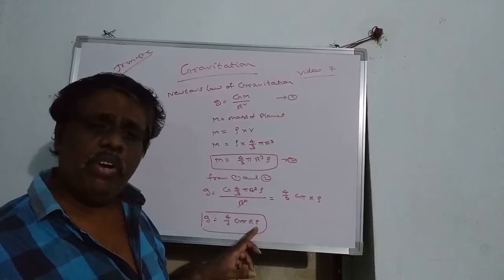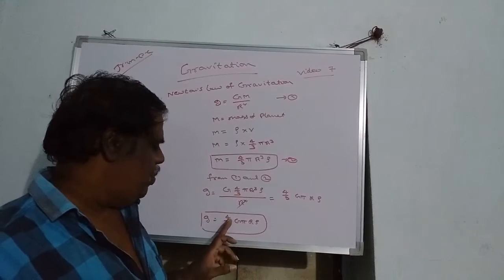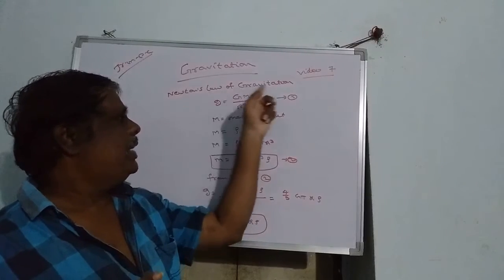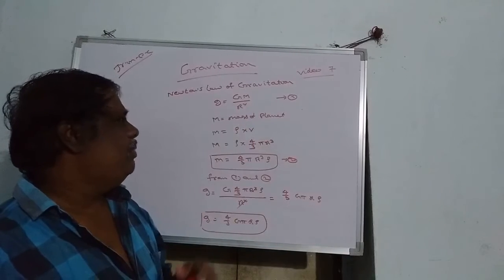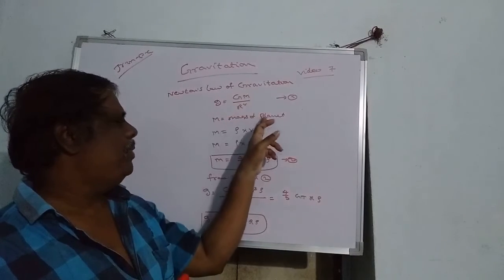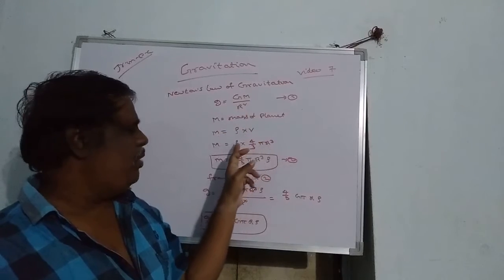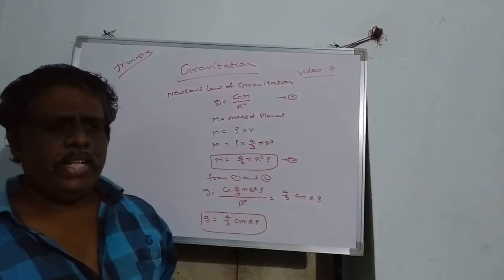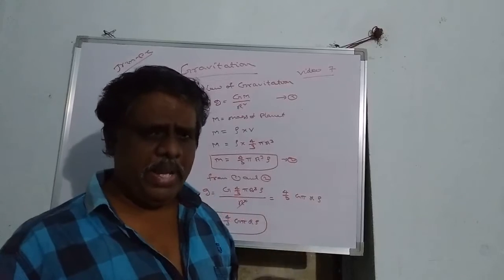In terms of density, when they give the density, g is equal to 4 by 3 G pi r rho. From Newton's law of gravitation, g is equal to GM by r square, where M is the mass of the planet. Mass is nothing but density into volume, where density is denoted with rho. Let us consider the volume of the planet or Earth as a perfect sphere.